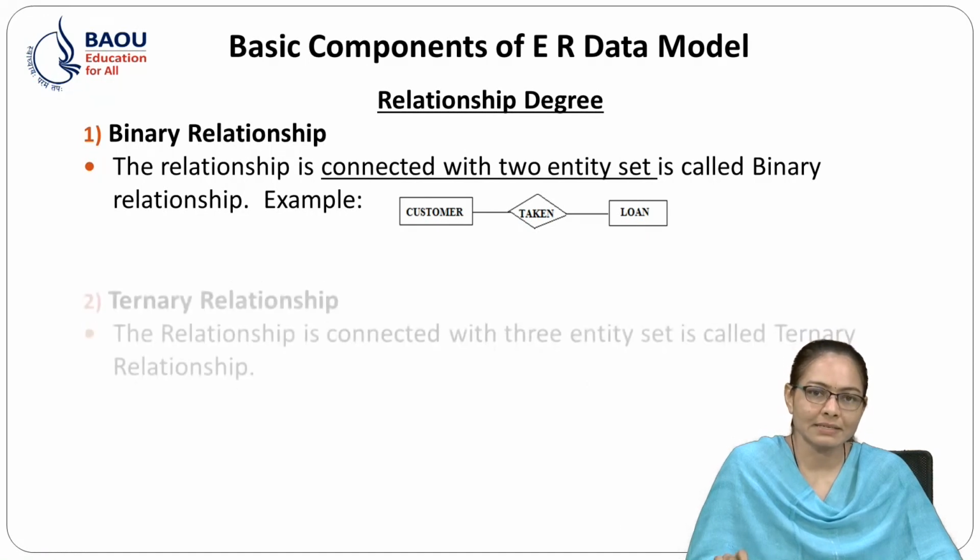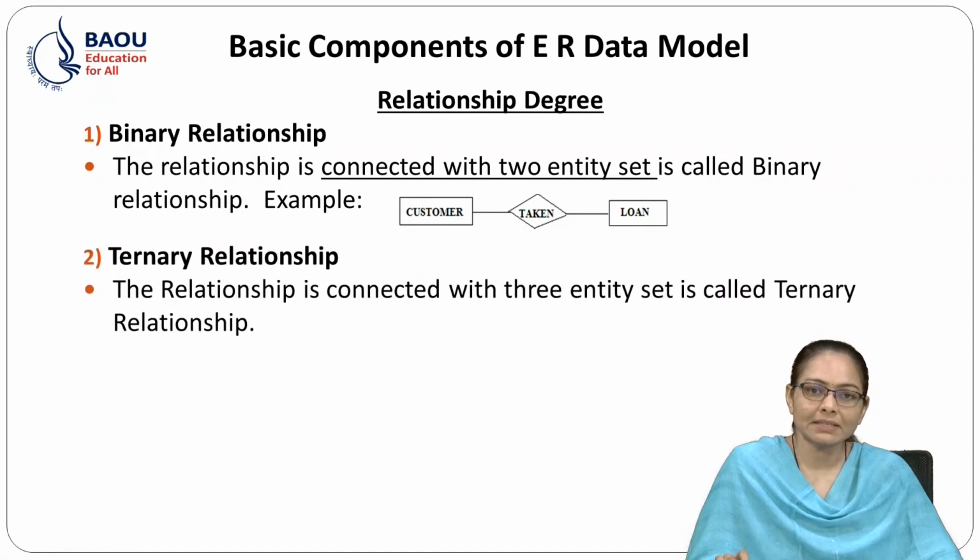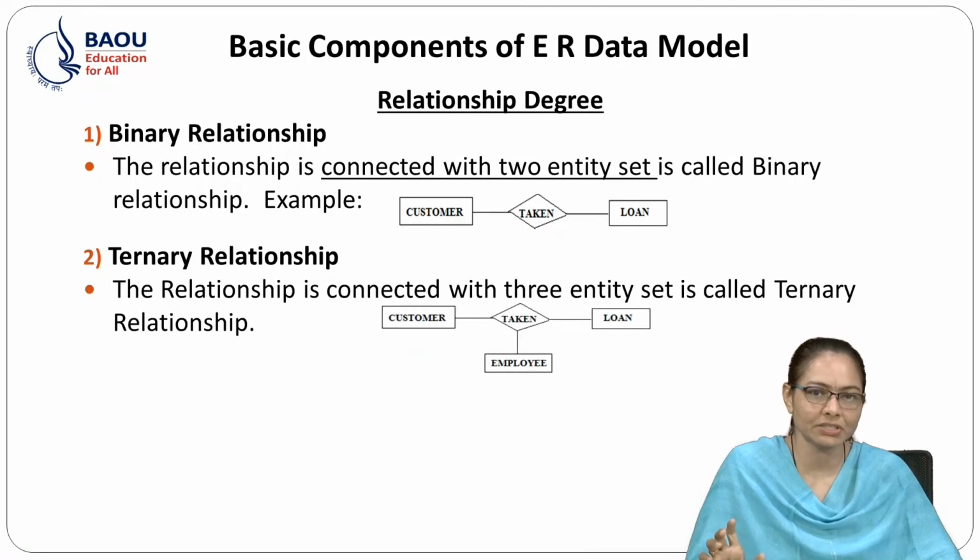Now the next is ternary relationship. What do you mean by ternary relationship? A relationship connected with three entity sets is called a ternary relationship. For example, in a bank, customer and employee both take a loan from the bank.